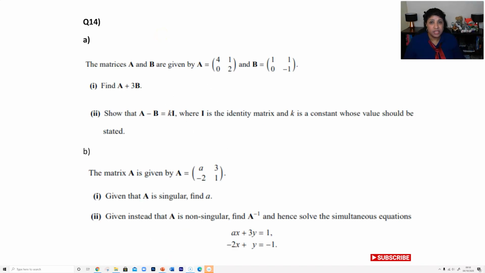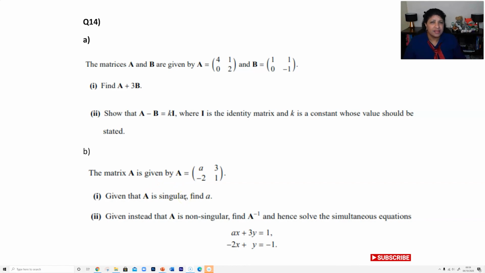So question 14 from paper 2 is to do with matrices. Part A is very straightforward. You are used to these types of questions. You need to know a little bit about identity matrix. Part B is the one that might be a bit of a tricky one for you, because matrix A is given by A equals this, and then given that A is singular.